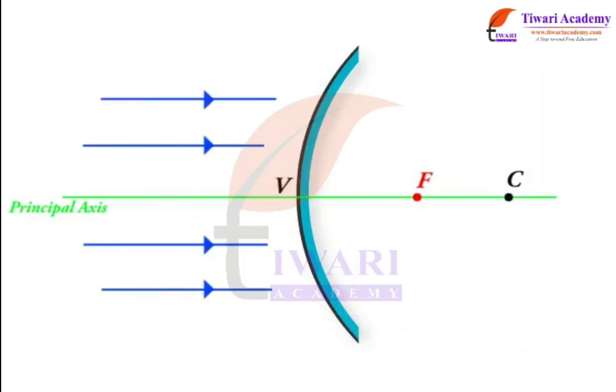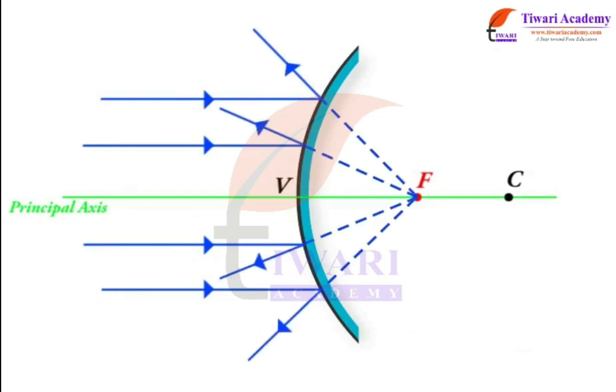When parallel light rays strike a convex mirror, they are reflected such that they appear to emanate from a single point F located behind the mirror. This point is called the virtual focus of the mirror.